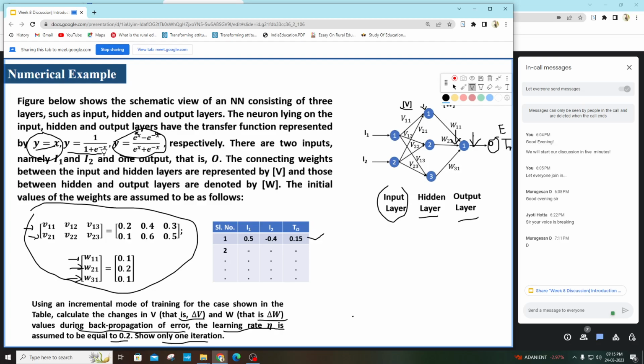In the hidden layer, you always use the complex transformation function. And for the output layer, it is up to your choice. You can use a complex transformation function, or you can use a simple transformation function. In the question, they have used the tan sigmoid transformation function, which is a complex type of transformation function.